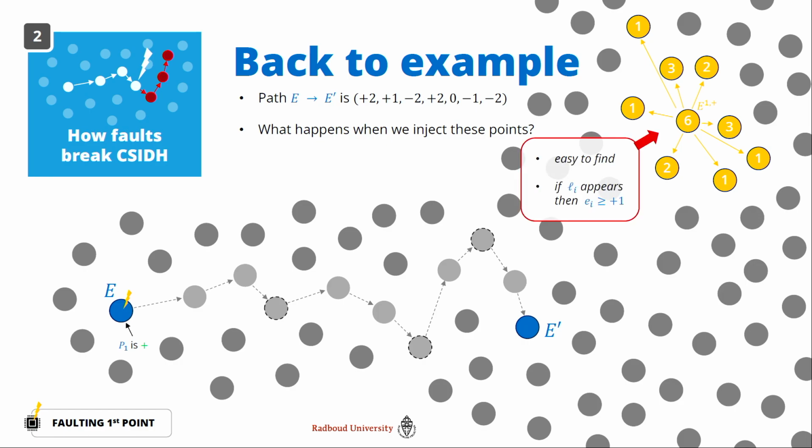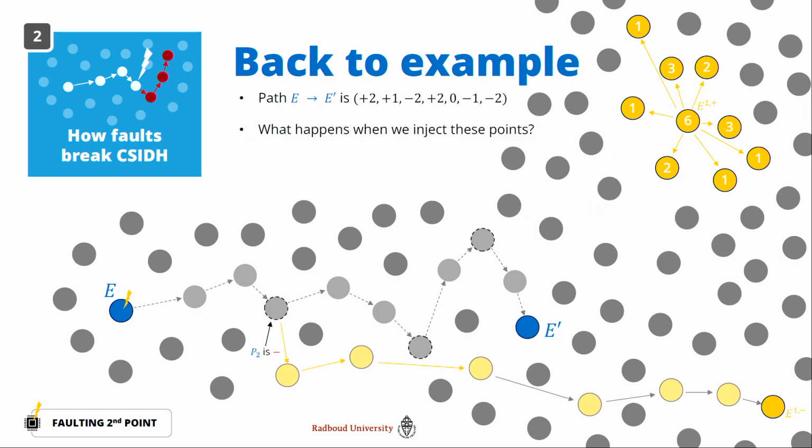But the Li that show up over there are the ones that you were going to perform with a positive point. And so you can deduce that the LIs that show up in this graph will have a coefficient that's larger than or equal to 1, which is already nice information on the secret key that we're going to try to recover. Okay, now let's also start injecting this second point. Well, it would go in a completely different direction probably, and you would end up maybe at a curve that we would call E1-, because it's the first negative point that we're injecting.